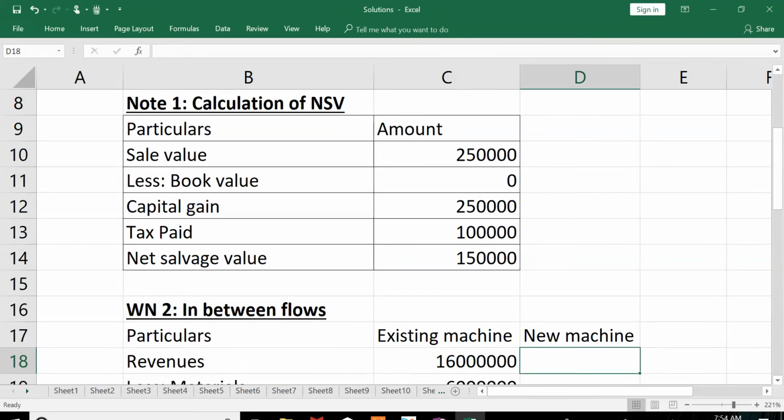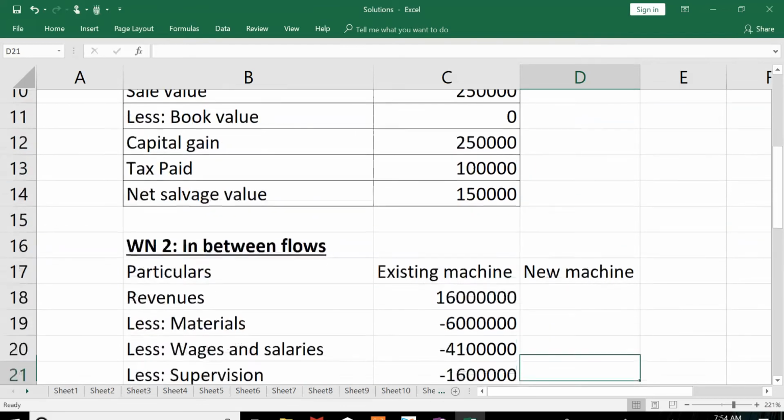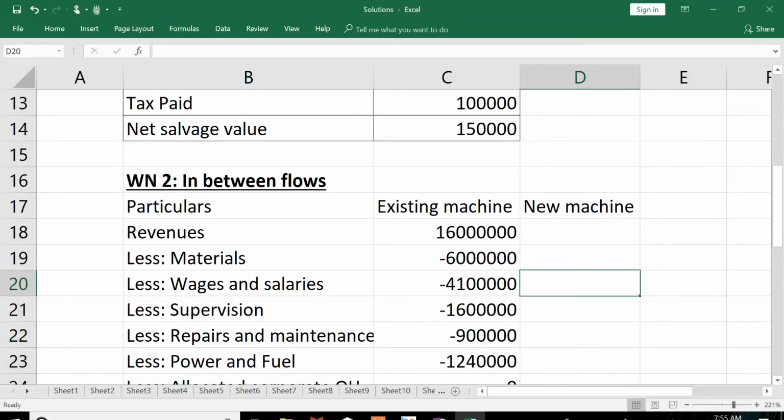Next, let us go to in-between flows. Similar analysis. I don't have much to explain now.